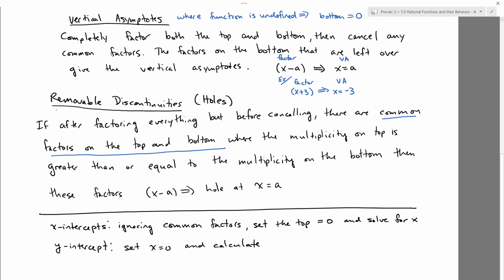Again, the same convention: if the factor looks like this, the hole is like this. For example, if the common factor is x minus 6, the hole is at x equals 6.